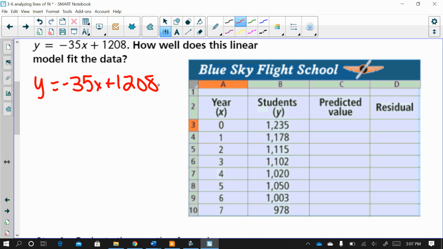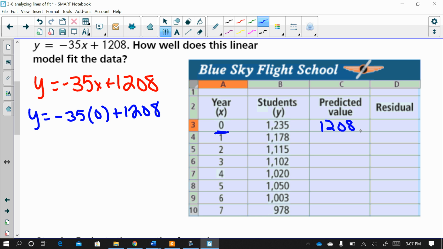My first x I'm going to plug in is 0. So y equals negative 35 times 0 plus 1208. We get 1208. Now we're going to plug in 1. y equals negative 35 times 1 plus 1208. Calculator work: negative 35 plus 1208, we get 1173.